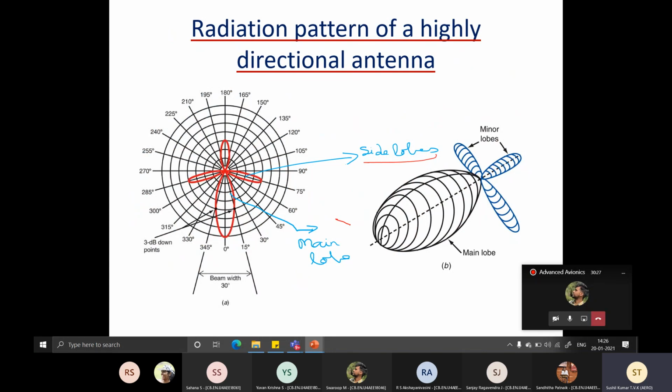Assuming you cut this three-dimensional lobe pattern like this, that cross section is represented in the horizontal radiation pattern. Now you can do the same cut in the other plane, and then you will see the vertical radiation pattern. So you'll find two patterns, because drawing a three-dimensional figure every time is not possible. So you will have two radiation patterns for each antenna.